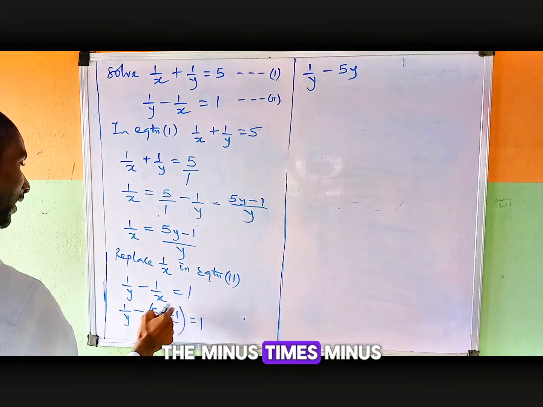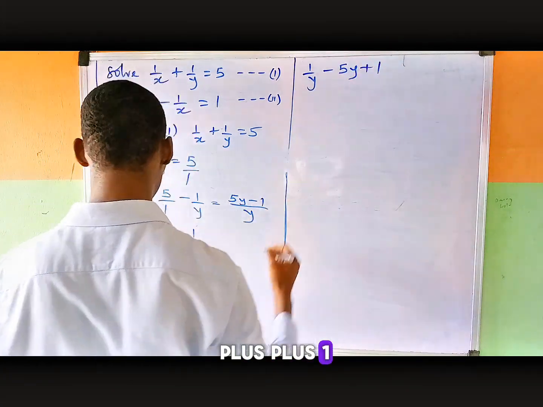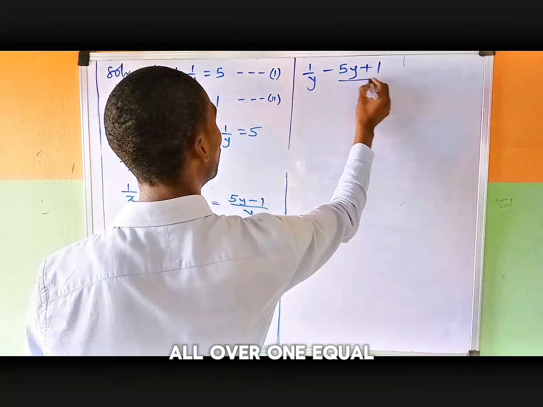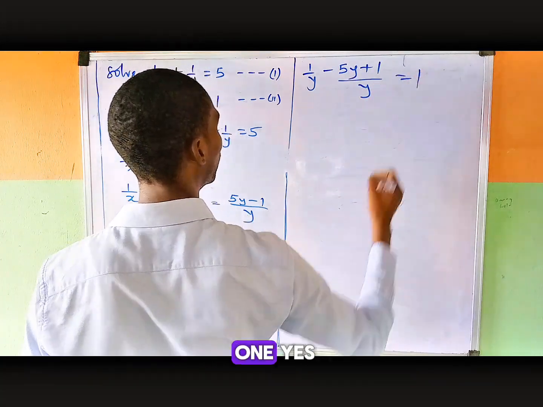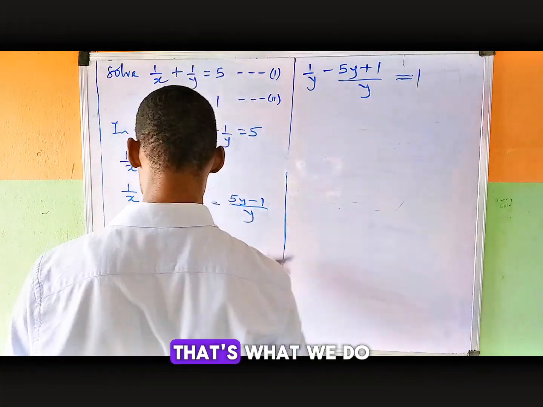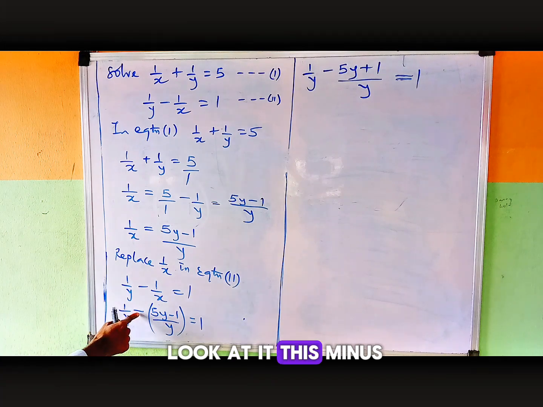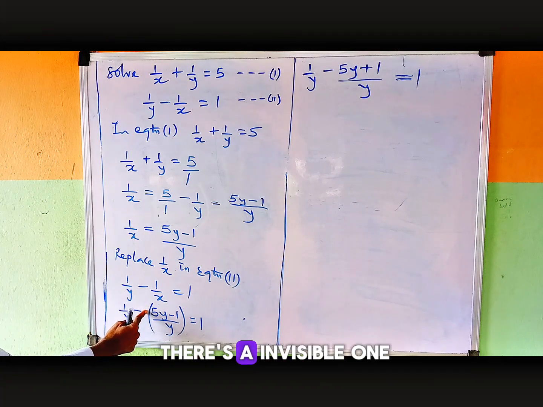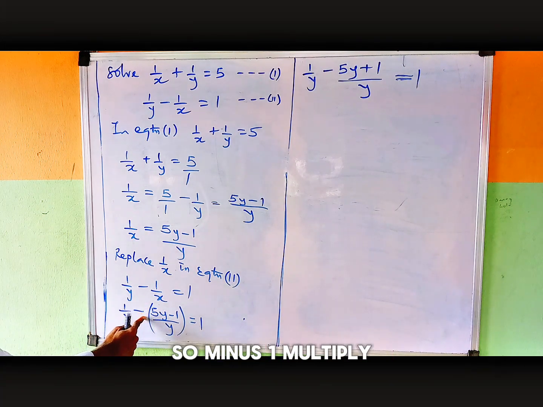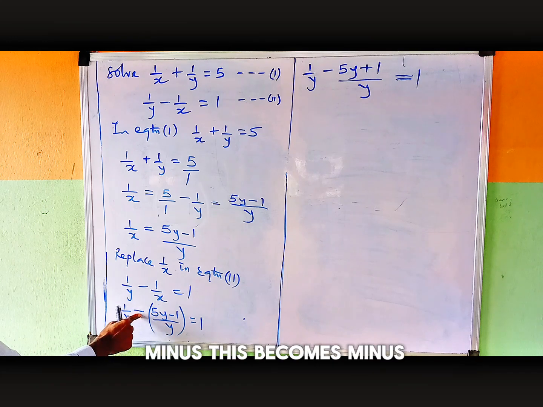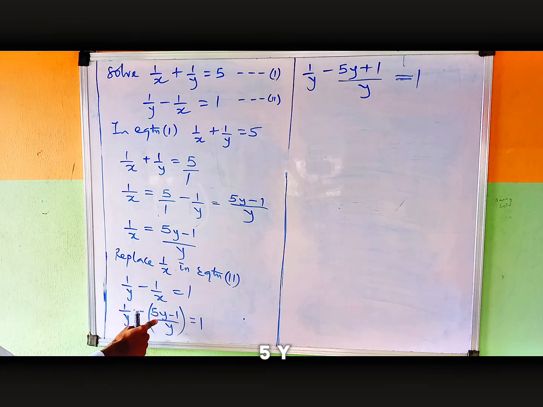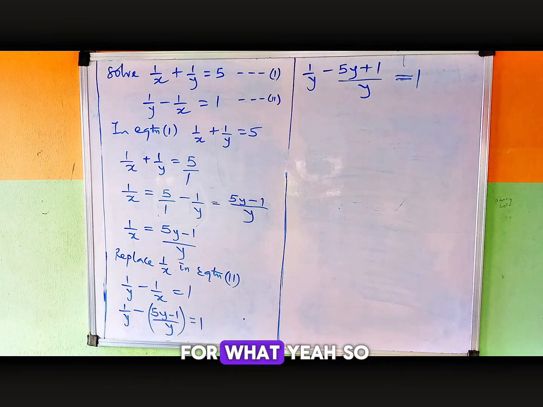The minus times minus is plus, plus 1 all over y equal 1. Yes, that's what we do. Look at it, this minus, so let's assume there's an invisible 1 here. So minus 1 multiplied by all you have here. This becomes minus 5y, this becomes plus 1 over y.